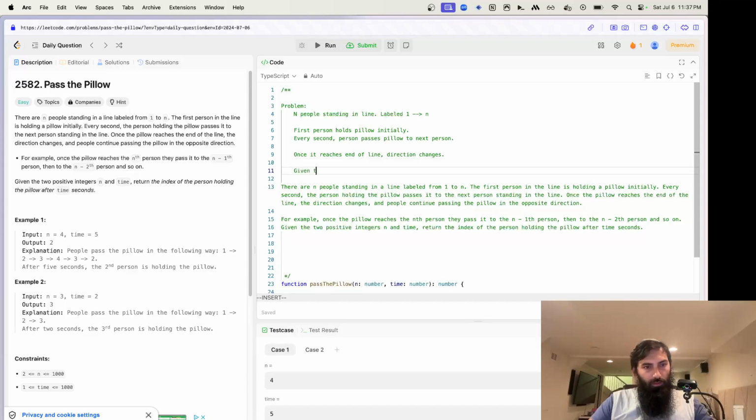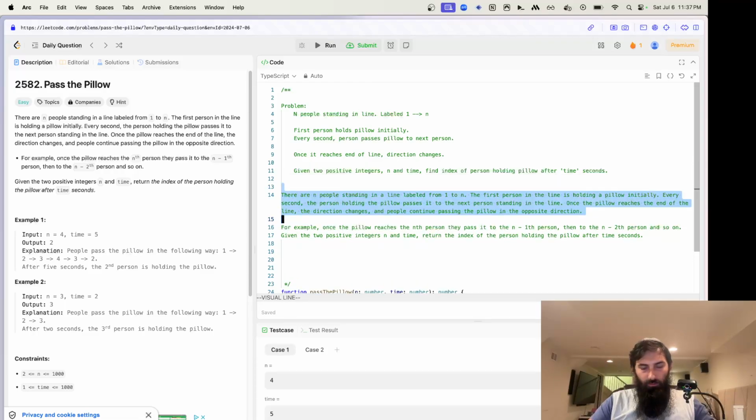So given two positive integers, n and time, find index of person holding pillow after time seconds. Okay.